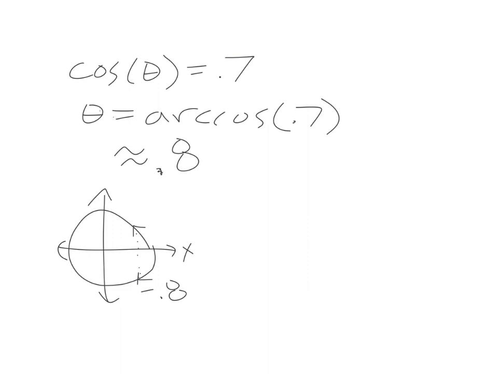Because remember, cosine is an even function. So 0.8 qualifies, that means negative 0.8 qualifies too, and then you just slap a plus 2 pi n on there. If this were an equation involving sine, we would actually have to go over horizontally and say, okay, there's an angle over here that's going to have the same sine, so we would have to figure out how to express that.